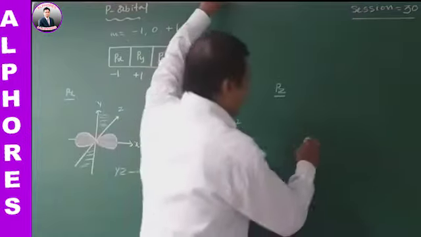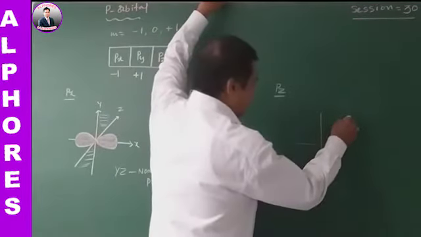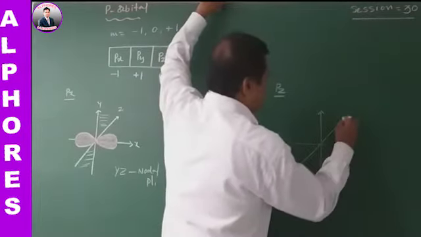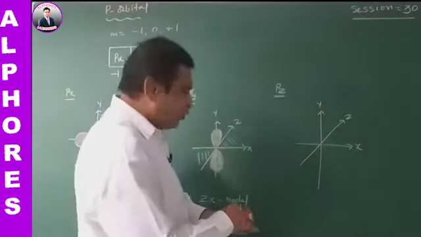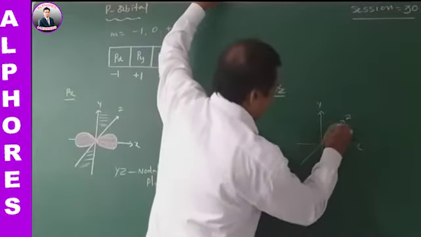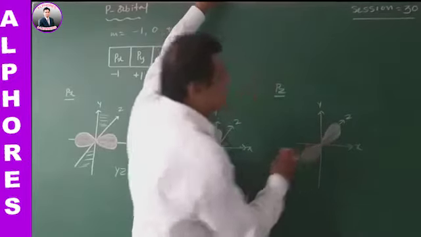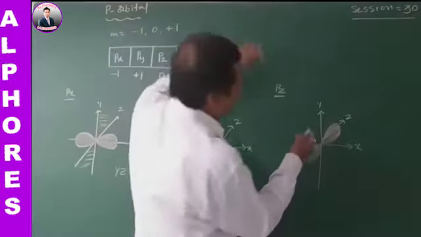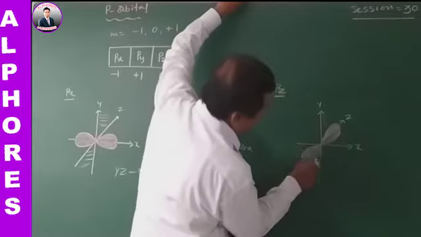Next, the pz orbital. In the pz orbital, the two lobes are oriented along the z-axis. So when it is the z-axis, we can understand that the xy plane is the nodal plane for that.